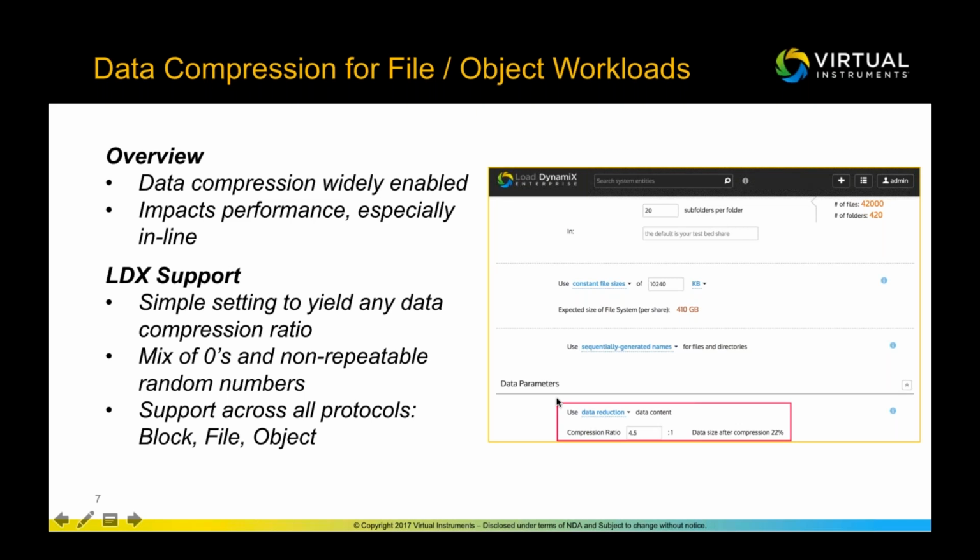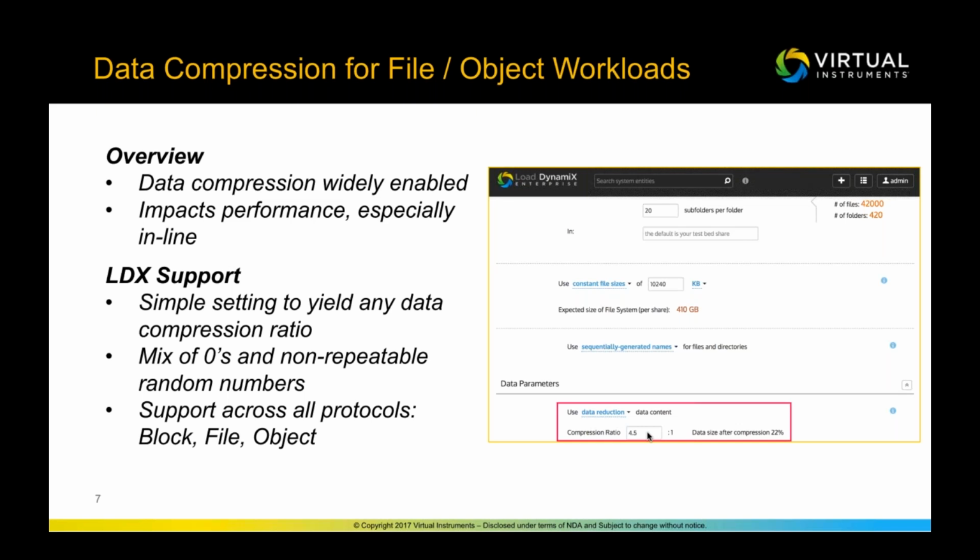Underneath data parameters, you now have an additional drop-down option that says data reduction for NAS and object workloads. This is already available for Fibre Channel and iSCSI workloads. So what we can do here is simply specify the intended compression ratio that you would like to see from your storage array. All you have to do is enter that number.